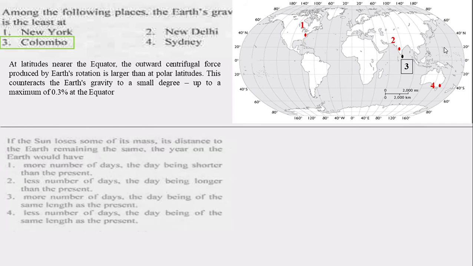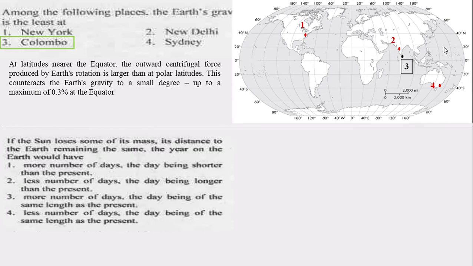And the next question is: if the sun loses some of its mass, and its distance from the earth remains the same, the year of the earth would have. So this is a question in which the sun loses its mass, and you know the relation between mass, density, and gravity, right? When mass increases, density also increases, as well as gravity. When mass is reduced or lost, density also gets reduced, and the gravity force also tends to be reduced.